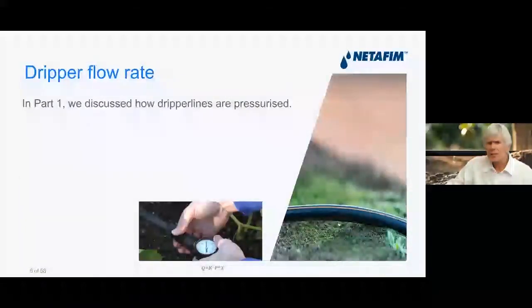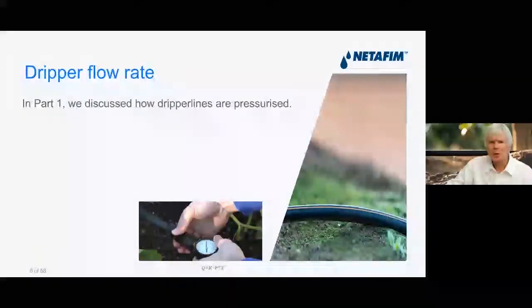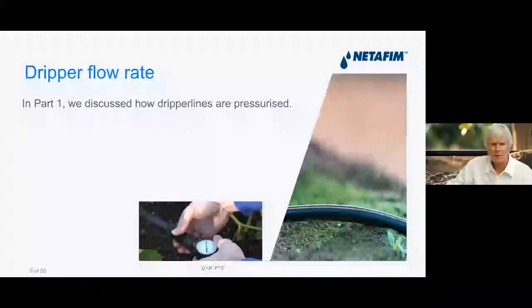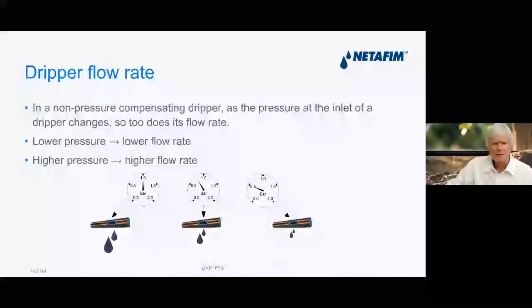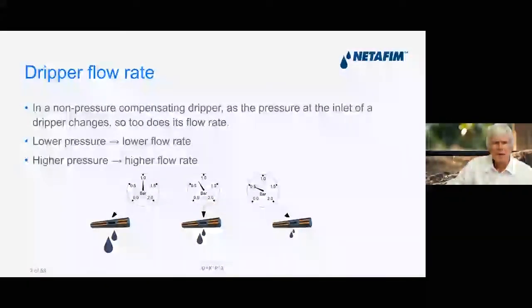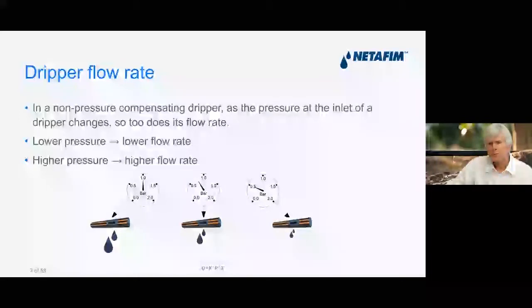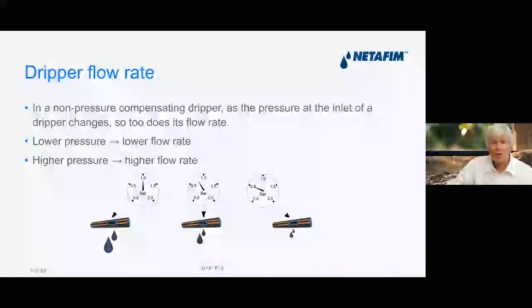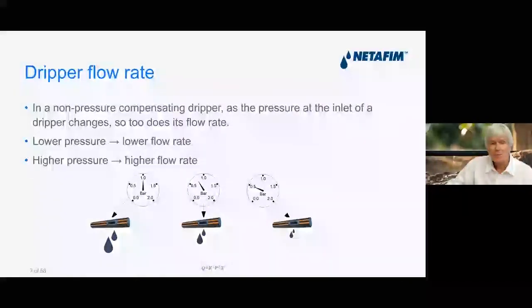In part 1, we discussed how dripper lines are pressurized. Look here, the pressure gauge, just like the analogy that I used, the tire pressure. In a non-pressure compensating dripper, as the pressure at the inlet of the dripper changes, so too does its flow rate.